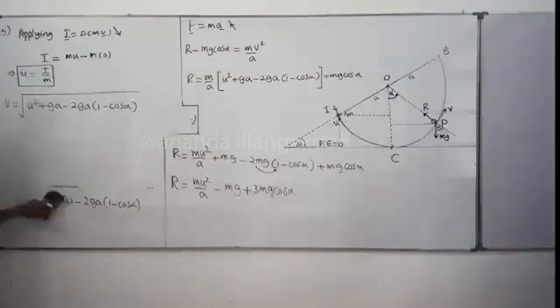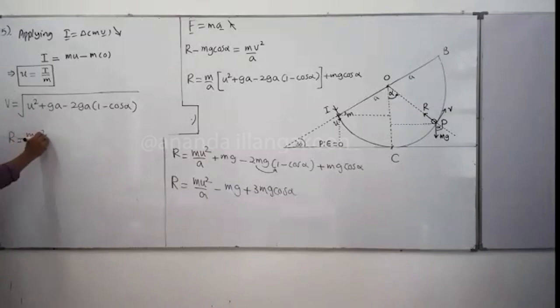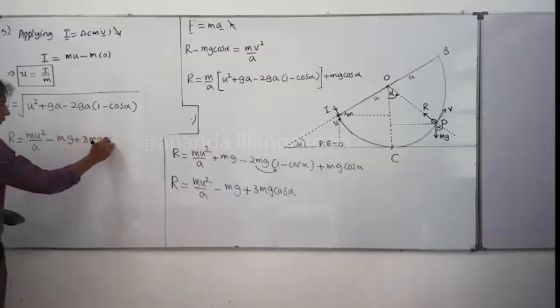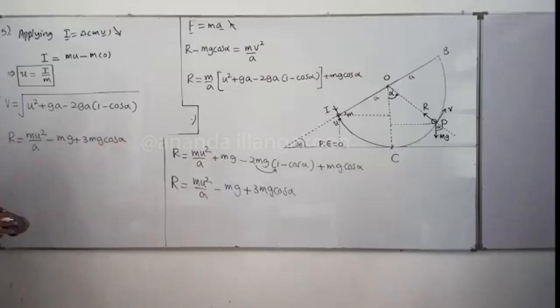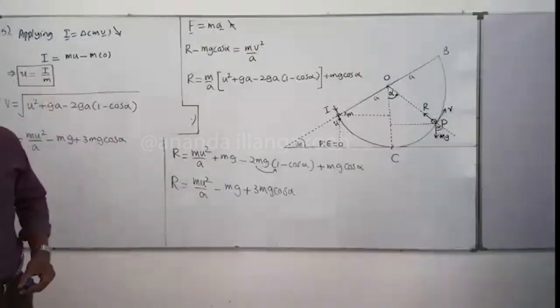Now R: mu squared by a minus mg plus 3mg cos alpha. Right. We found both.